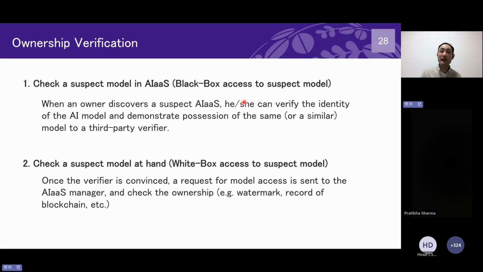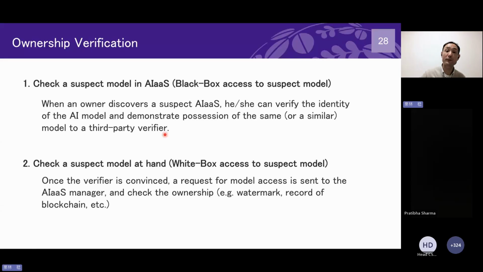In this scenario, the owner only discovers the suspect model on a cloud server, and the owner can verify the identity of the AI model. But as a requirement for ownership verification, it is also necessary to demonstrate the possession of the model to a third party.